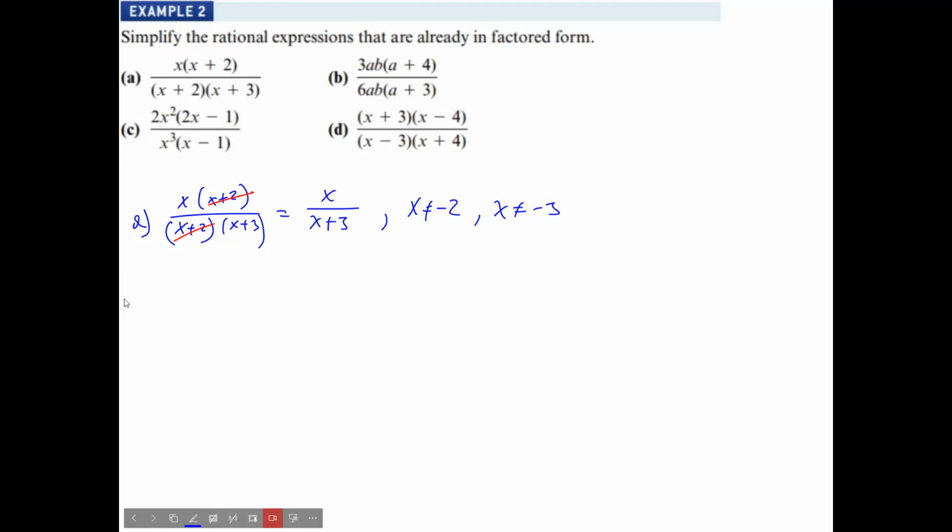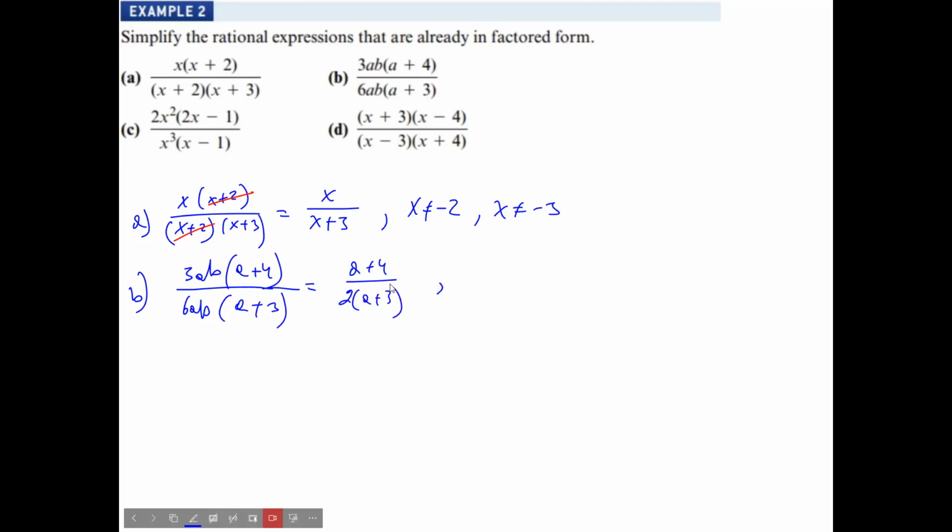Any questions? Asra, did you get these restrictions here? Okay, here, this one b, 3ab, a plus 4 over 6ab, a plus 3. So what I have: ab and ab, 3 and 6, so I have a plus 4 at the top. At the bottom, I have 2, a plus 3.